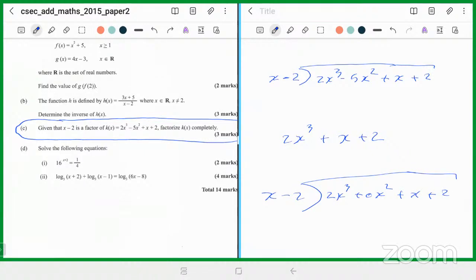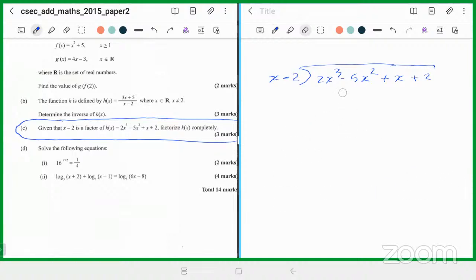You want to have all the terms of all the degrees: the cube, the square, the linear, and the constant. If they don't give you one, you put 0 times that one, because you have to put like terms under each other. I just wanted to make note of that.